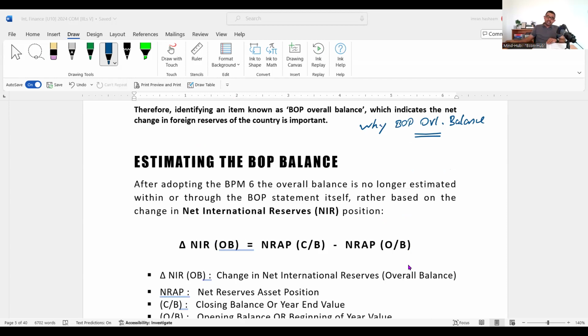We can't estimate the BOP overall balance through the BOP statement itself. To do that, we have to separately go out of the BOP and look at a special statement, and identify something called net international reserve asset position and how it changes.